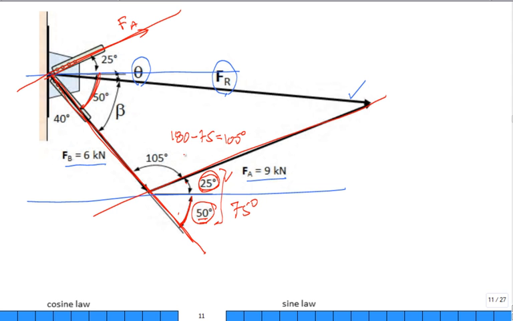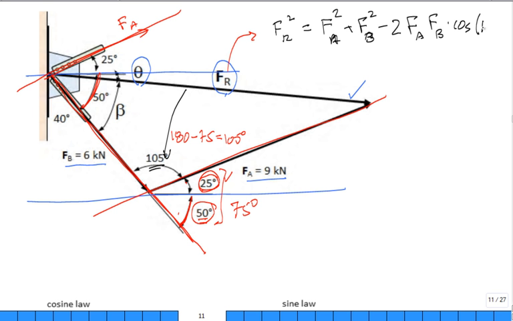Now we use the cosine law, and so the length here, F_R, or I like to write it as F_R squared, is, that's opposite of this angle 105. So it's the length of each of the other sides, F_B squared plus F_A squared, minus 2 times the lengths individually, F_A, F_B, times the cosine of that angle opposite, which we just worked so hard to get, 105 degrees.